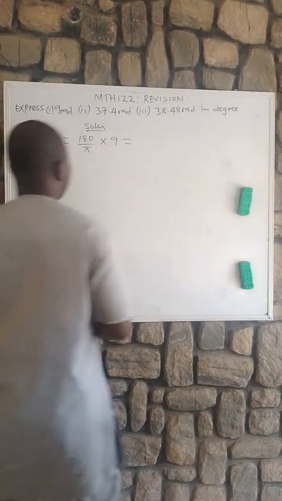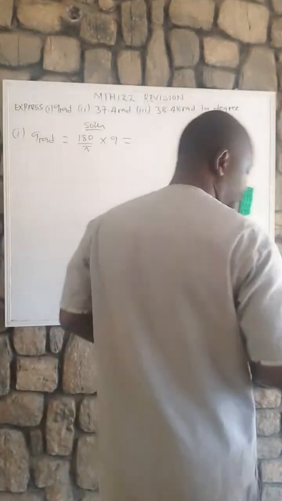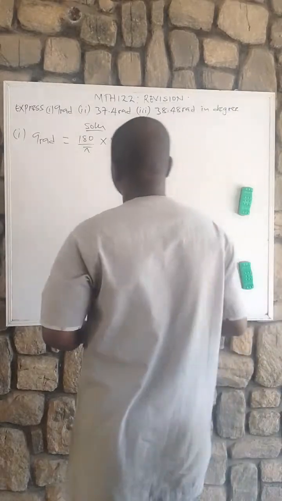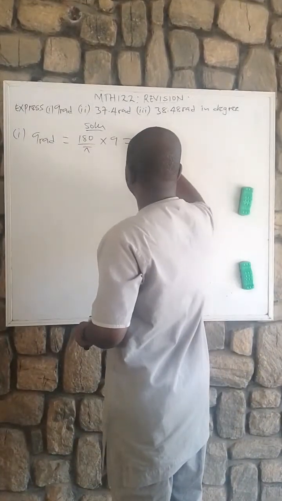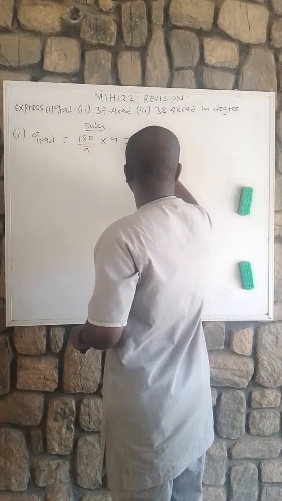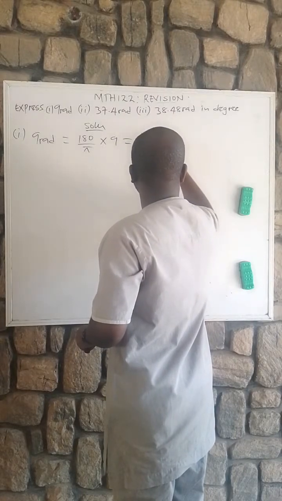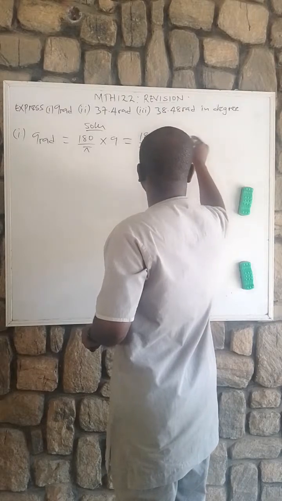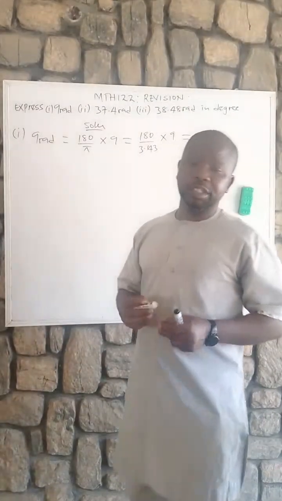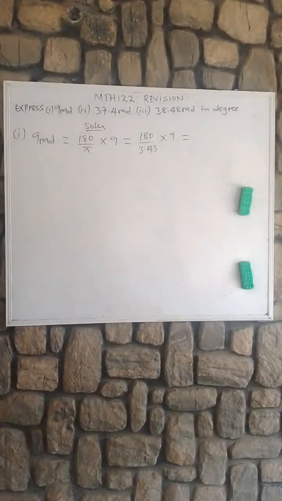But note that pi is 3.143, or thereabouts. So 180 all over 3.143 times 9. Yes, press your calculator, please.